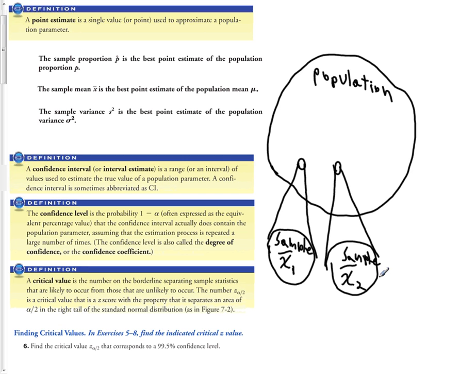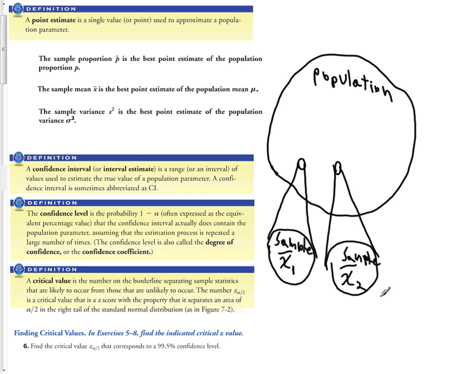So if we did this 100 times and found 100 different confidence intervals, the confidence level would be the proportion or percentage of those confidence intervals that we would expect to actually contain the true population mean.